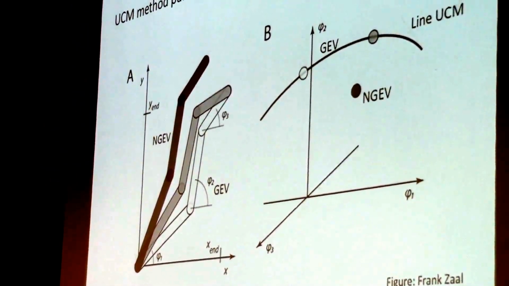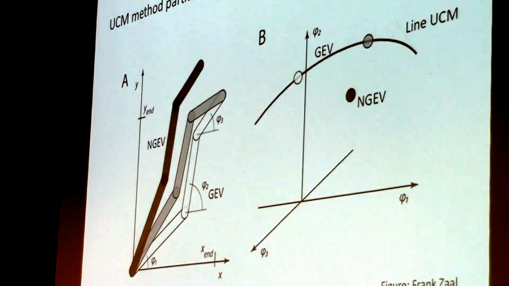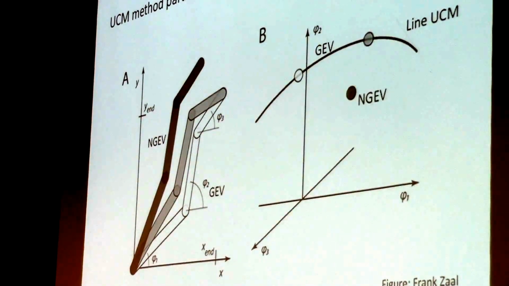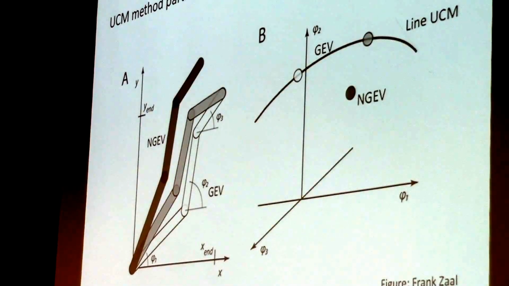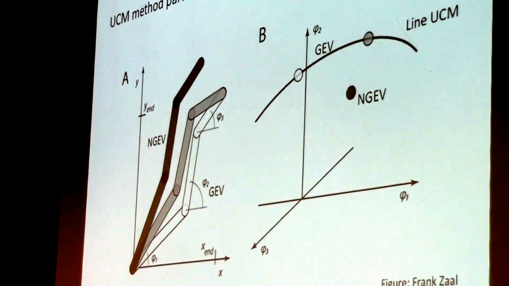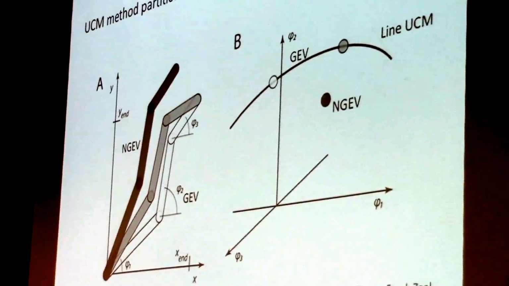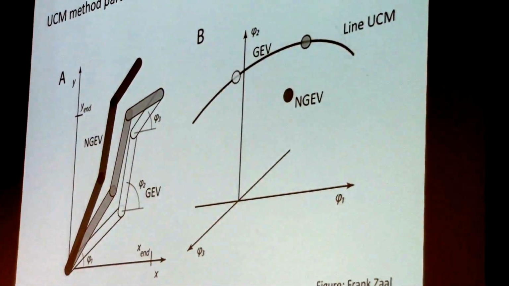And on the left, you can see the non-goal equivalent variability, where the end effector is not at the goal, and these have different joint angle configurations. You can see that this goal equivalent solution can be shown in a line, and the two on the right are on the line, and the one on the left, which is non-goal equivalent variability, is not on the line.